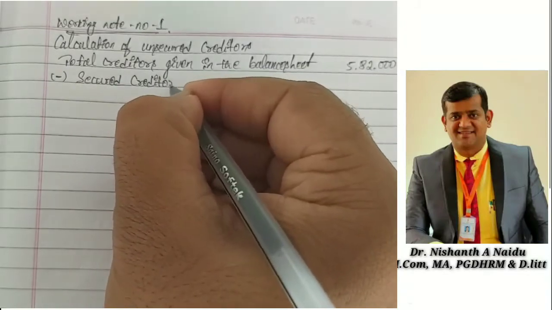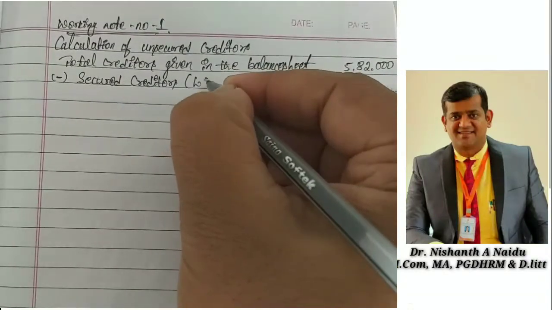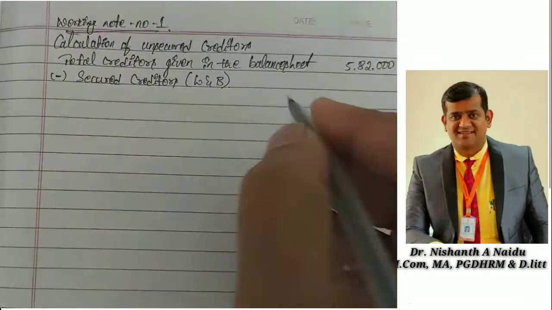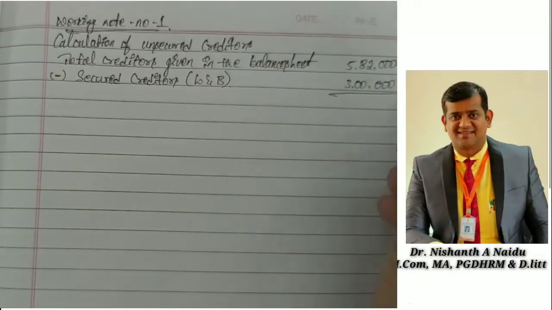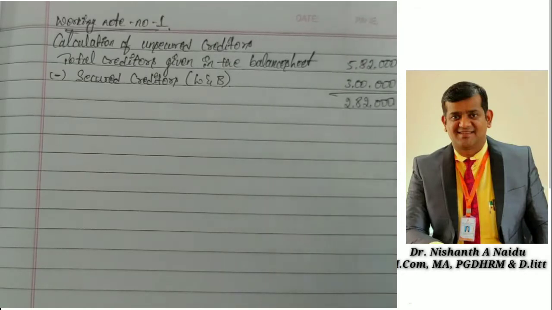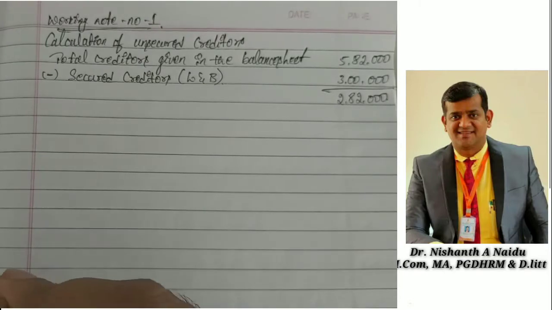There is a secured creditor on land and building. How much is secured on land and building? 3 lakh rupees. Correct? So deduct that, you are going to get 2,82,000. 2,82,000 rupees you got.